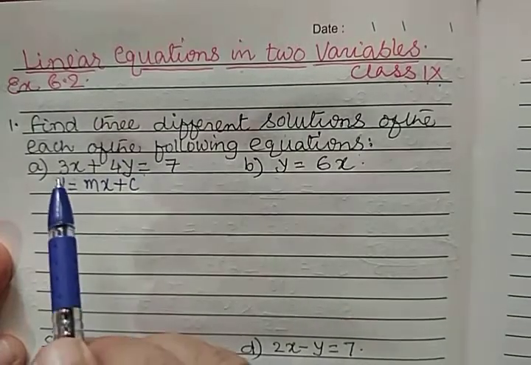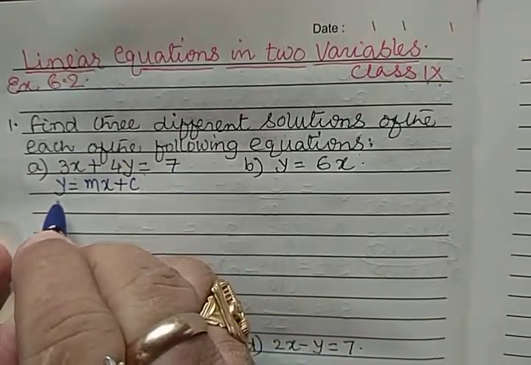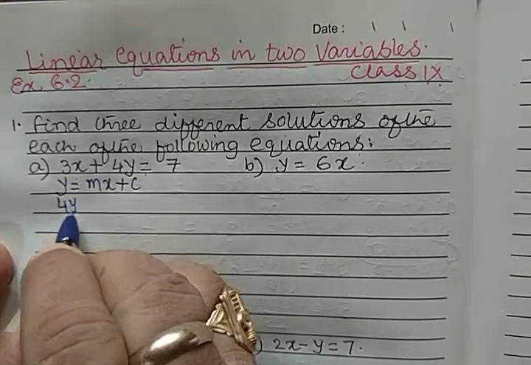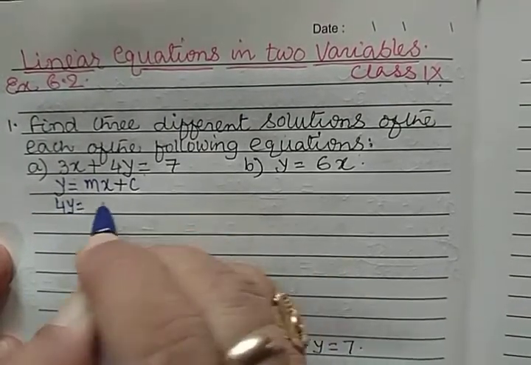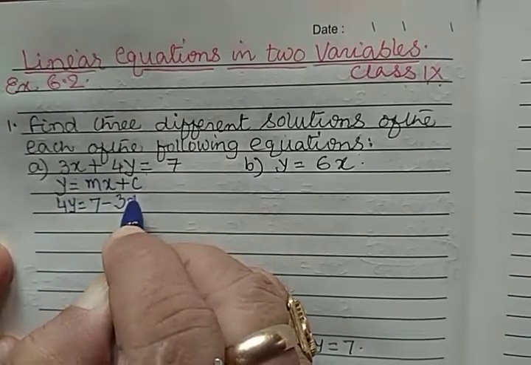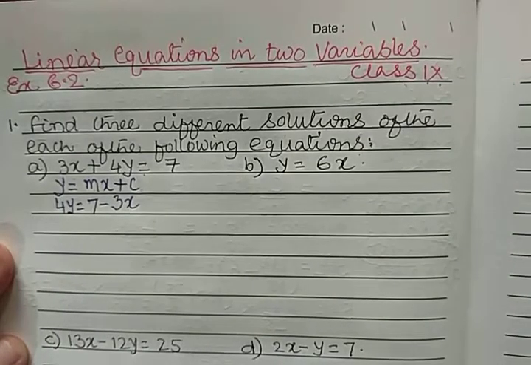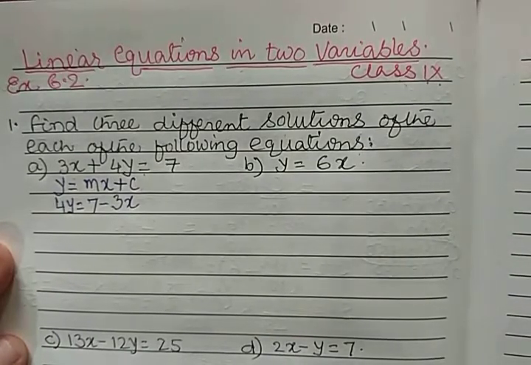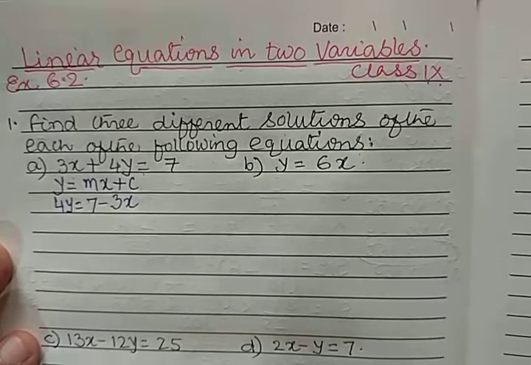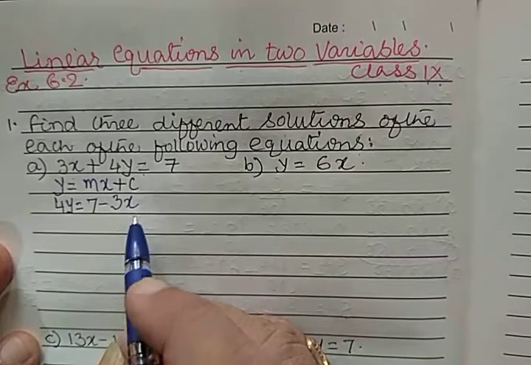So what we do, let us take this 3x to the other side. 4y is equal to 7 minus 3x. First, let us take x is equal to 0.